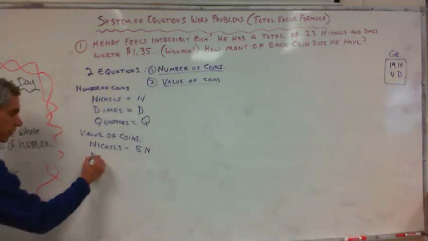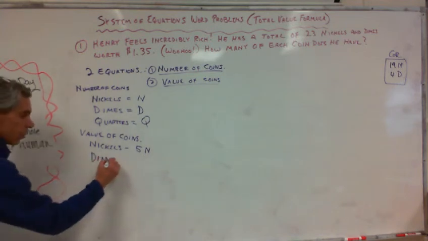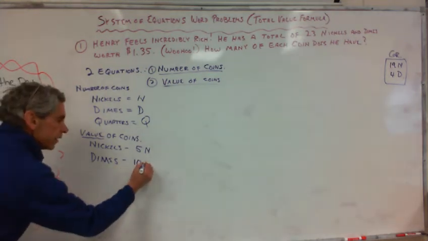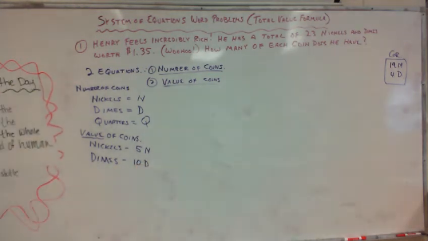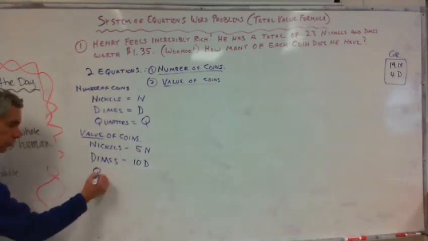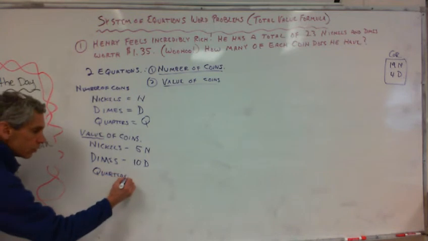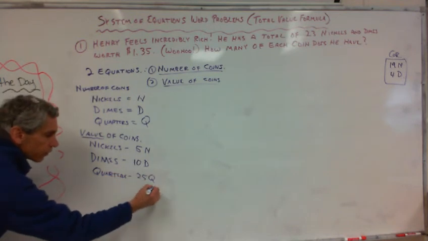What about dimes? What would you put for value? The value of dimes would be 10, so what would I put? 10D. Always 10D. That's what makes this so easy. And then what about quarters? 25Q, right?